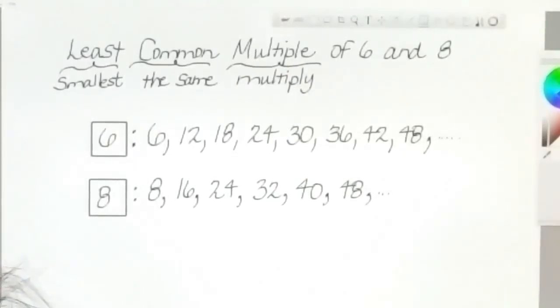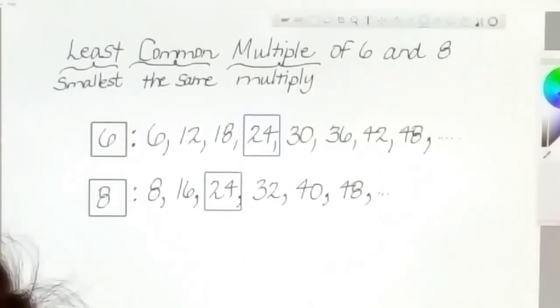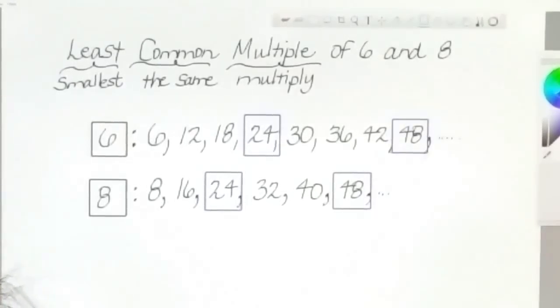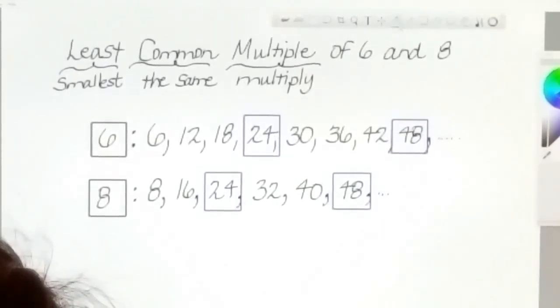And then I can look down this line and see that they have a 24 in common. Both of them have the 24. And both of them have the 48. So those are common. Those are the same multiples. We want the least common multiple of the two.